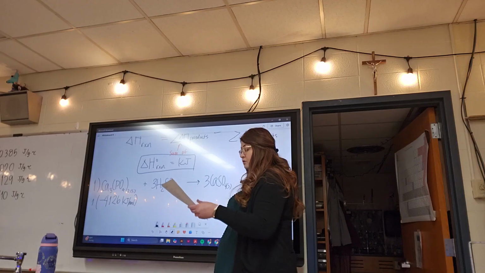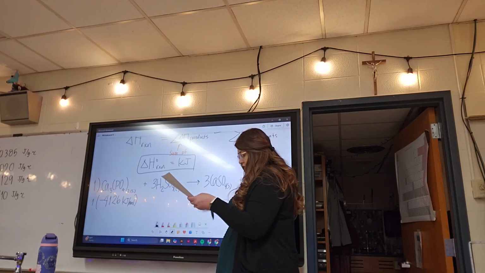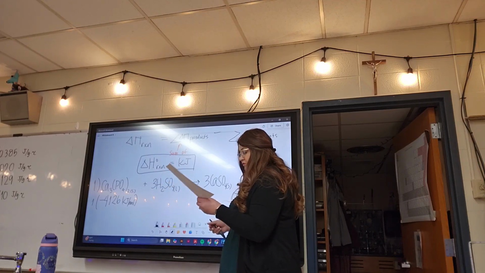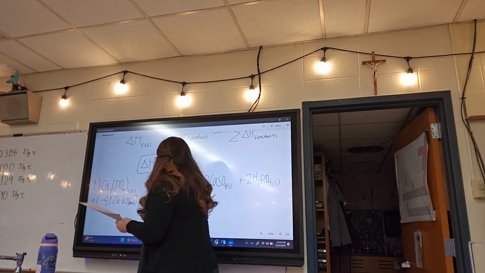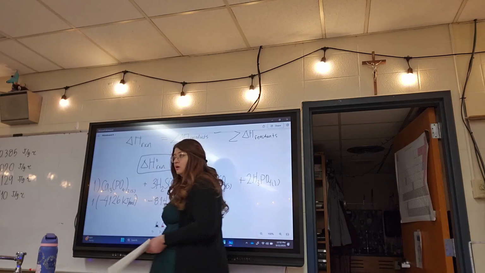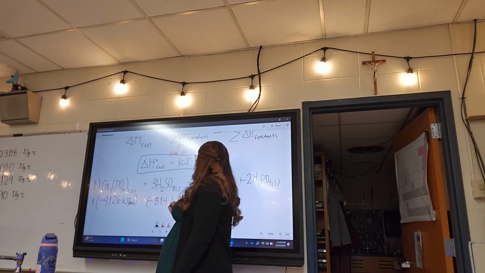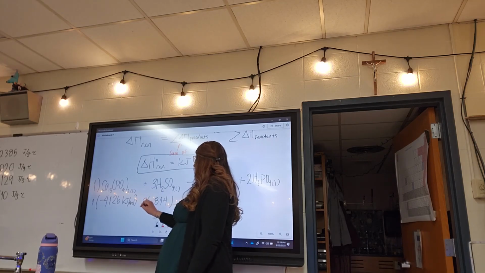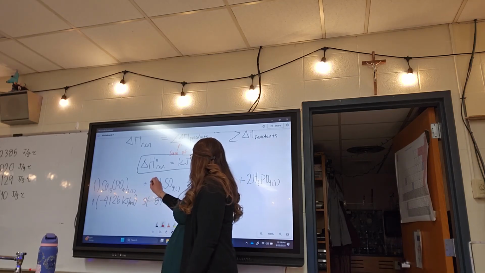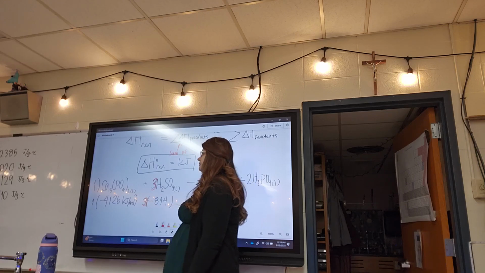Okay, for the second reactant, we have to find sulfuric acid in liquid form. I see negative 814 on my gray sheet. Nothing hard about that. But now what should we multiply it by? Where did I get the 3 from? The chemical reaction.